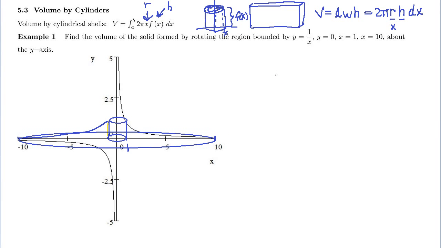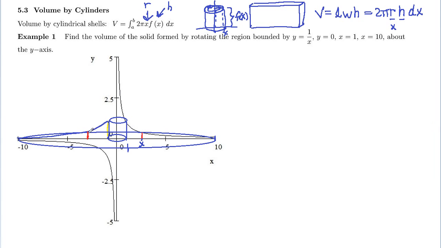So I want to try and draw a typical shell. The radius out from the y-axis is going to be some x value. Let's put it right there. And let me draw my shell in red so it stands out. So I'm going from the x-axis up to the 1 over x function. And when I rotate around, it's going to do the same thing on the other side.